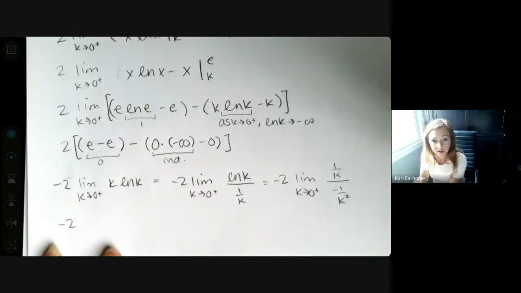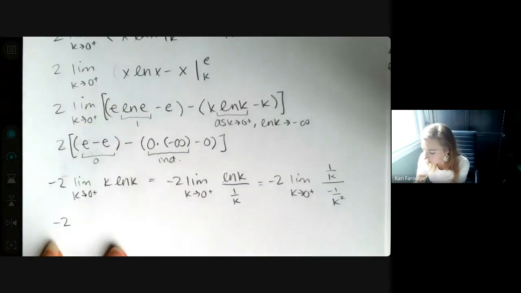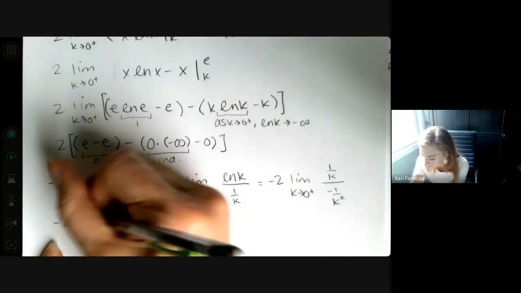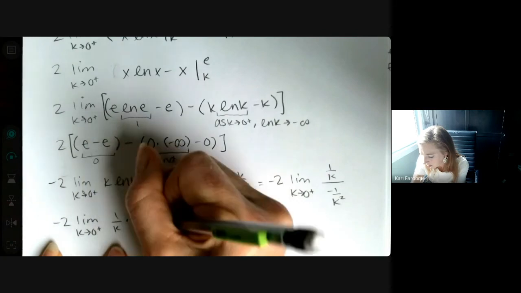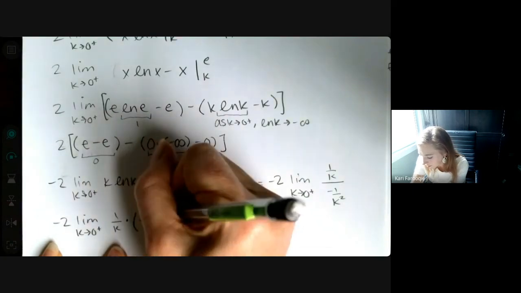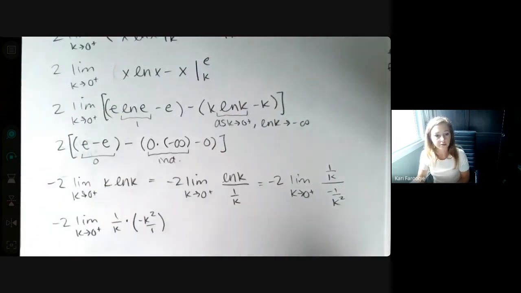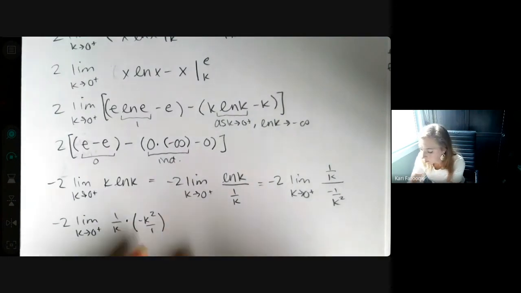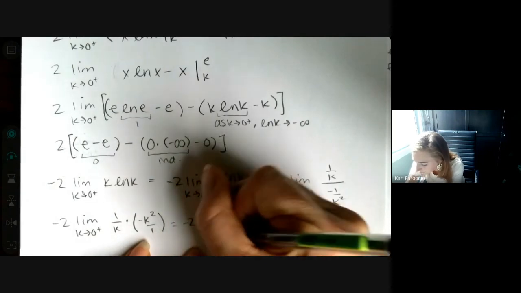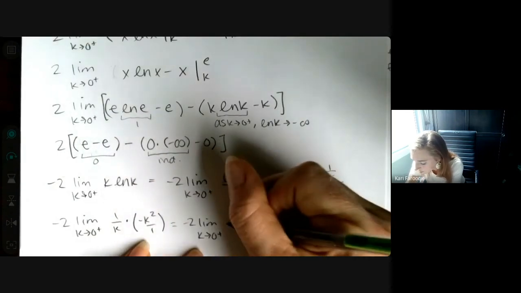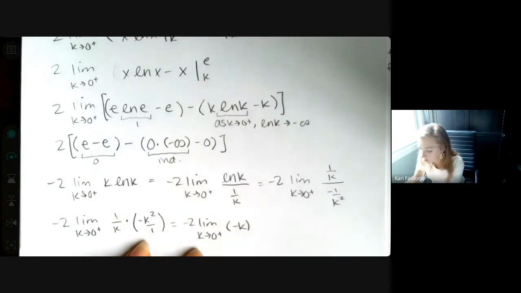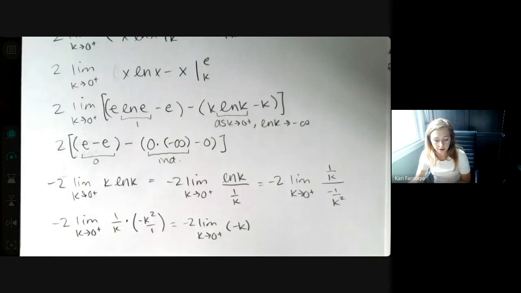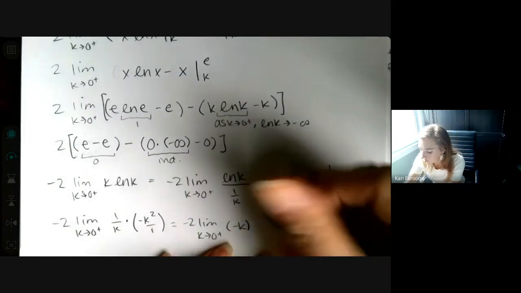And then we'll simplify this again. So you are officially taking the limit as k approaches 0 from the right of 1 over k times negative k squared over 1. So instead of dividing by 1 over k squared, you can multiply by negative k squared over 1. And then you can cancel out a factor of k and you'll just have negative k. And then this will just give you 0.